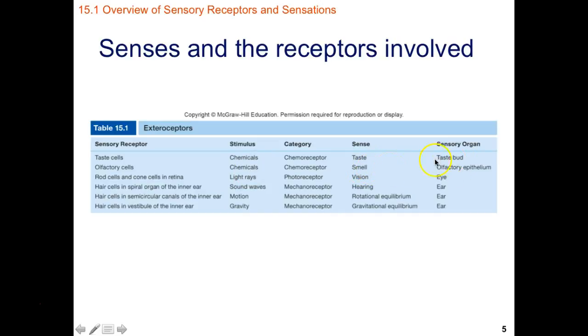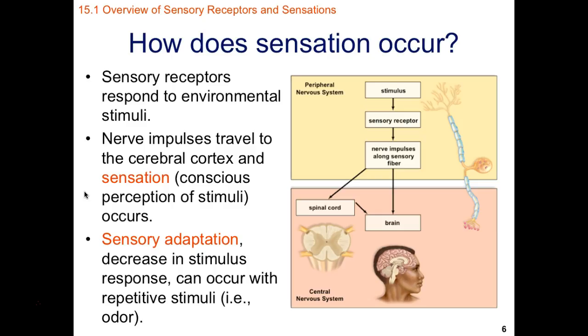That's going to help us with the sense of smell, and it's within our olfactory epithelium. Olfactory will always refer to our nose and sense of smell. So that's just one example. I'll let you read through this list on your own. We are going to talk about some of these sensory receptors throughout our lecture, so I won't go through them now. We'll talk about them individually.